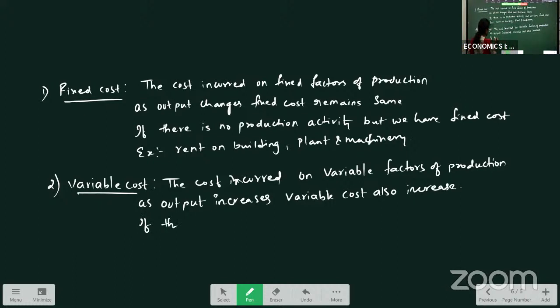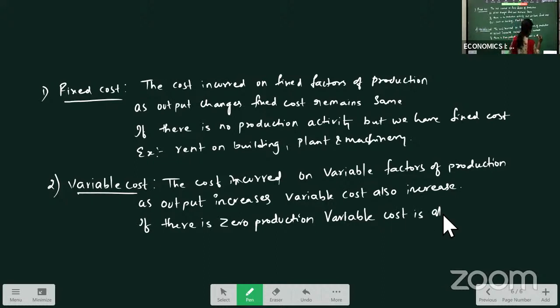If there is zero production, variable cost is also zero. Why variable cost is zero? Because when you are not doing any production, you won't take any raw material. You won't take any labor when production is zero. So that way, when there is zero production, variable cost will be zero.